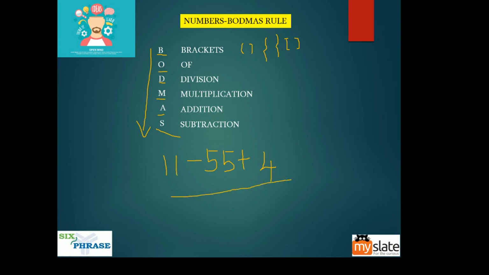Now which will happen first, guys? You do 55 plus 4 first, or 11 minus 55 first. According to this, addition happens first, so you will do this first, right? Yes. In a way this is correct, but it is also wrong. I'll tell you what it means. Let me give you one more example for this.